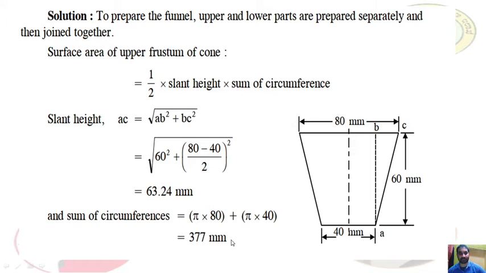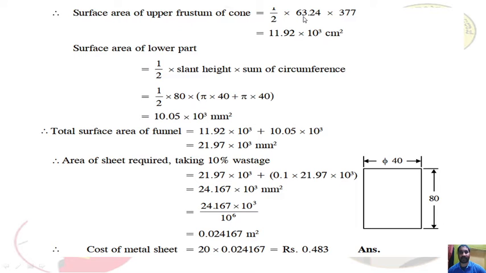Next we use the formula: half into slant height, 63.24, into the sum of the circumferences, 377. The total area is 11.92 into 10 raised to 3, which is the surface area required for the upper portion of this funnel.